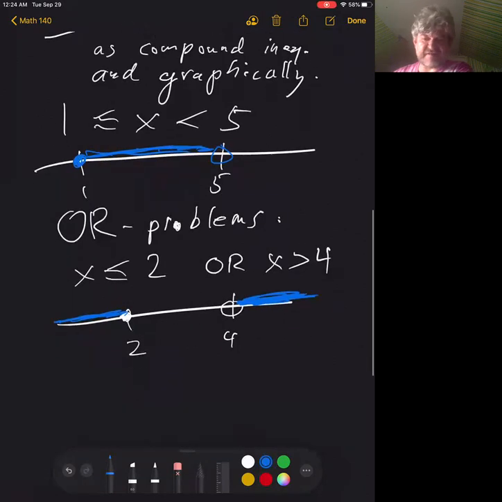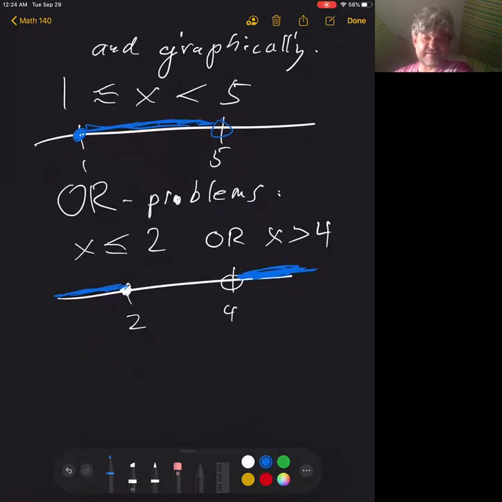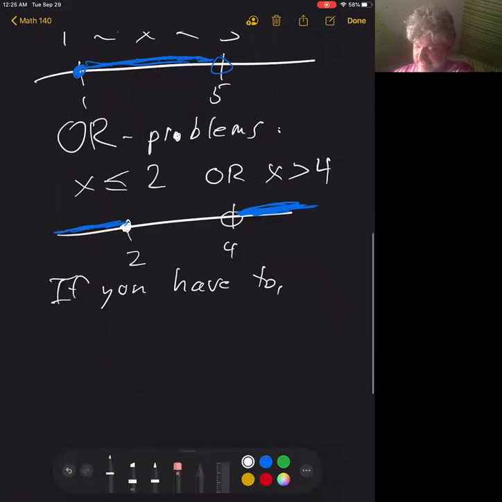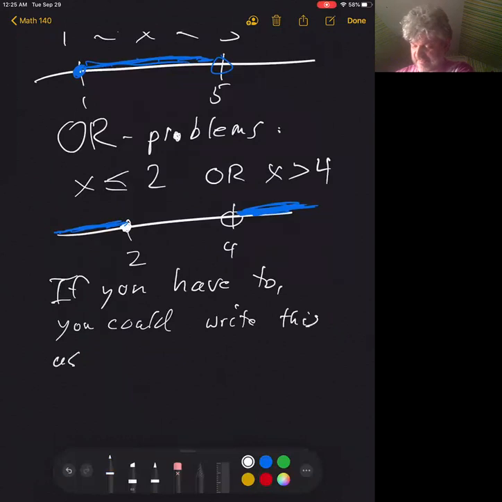It's not very nice to write this as intervals. It is not one interval. At best, it's 2 intervals. So if you have to, you could write this as 2 intervals.